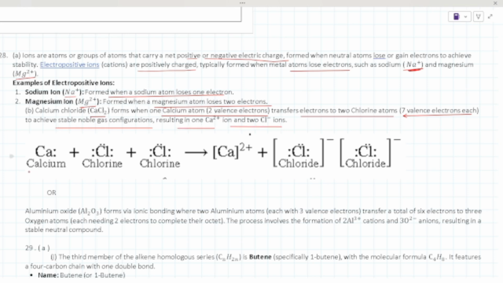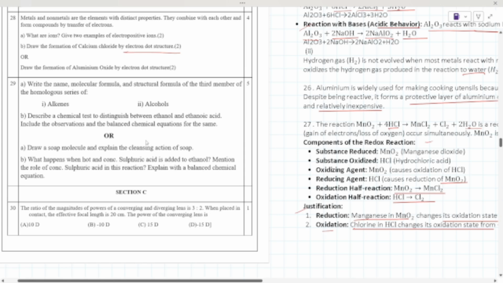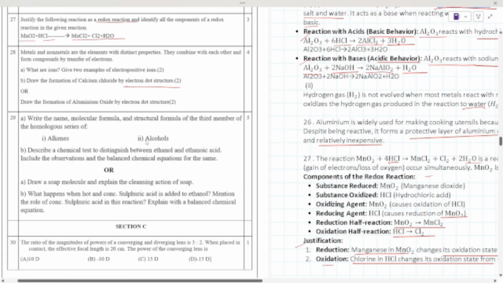So as you can see here, calcium has the outer shell, and chlorine with 7. The calcium will be Ca2 plus as it lost the electrons, and chlorine will be chloride. Is it clear? Clear now? Confirm me. Is it clear?